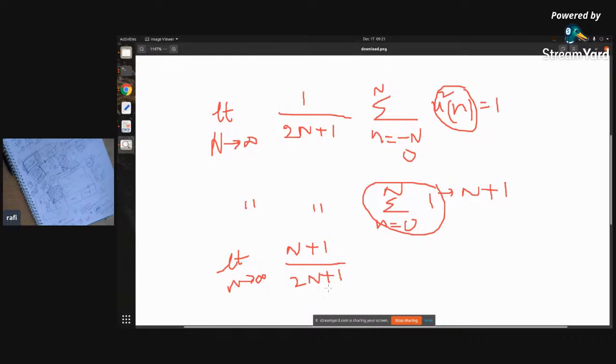You can just take one half common here in the denominator, or you can take L'Hospital's rule. When you take L'Hospital's rule, you will get half. So that is the power of unit step signal.